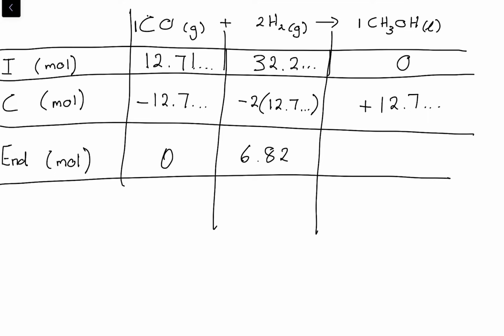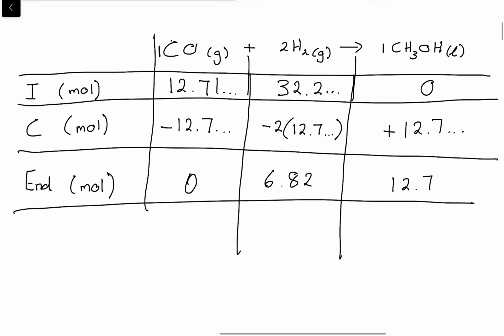And your product has gained some number of moles, 12.7. That's what you can summarize in your mind as well: your limiting reagent goes to 0, because that's what a limiting reagent does. It's completely consumed in the reaction.